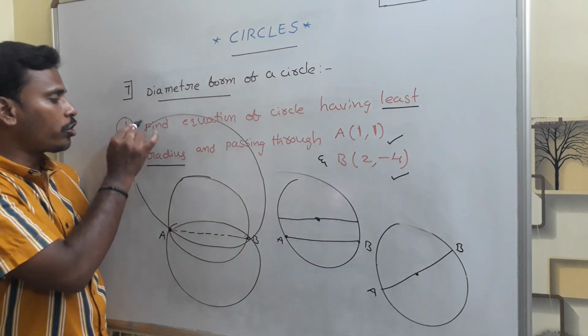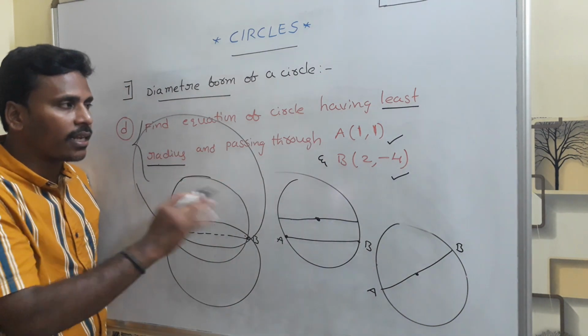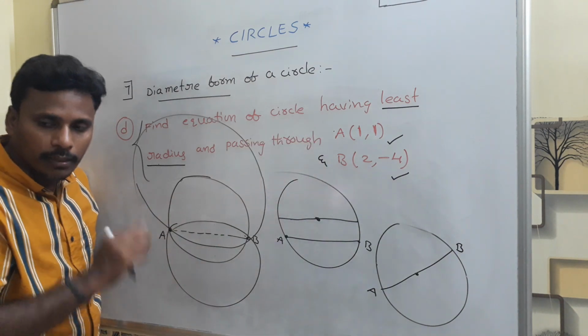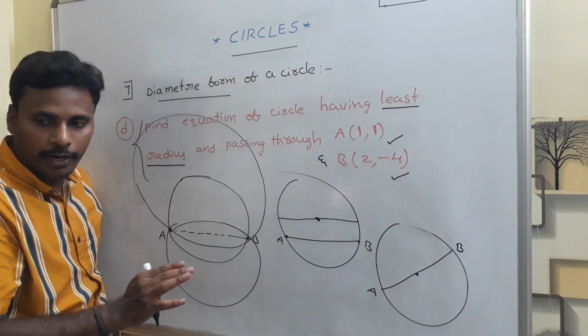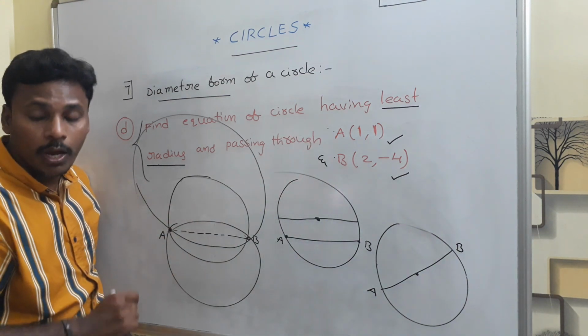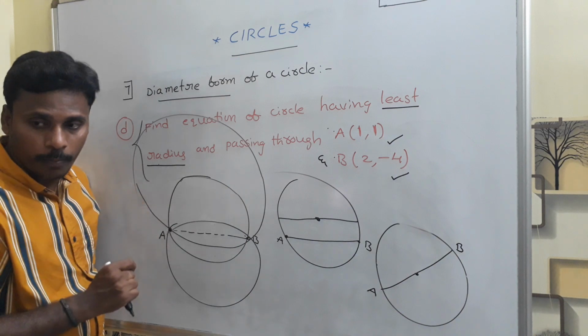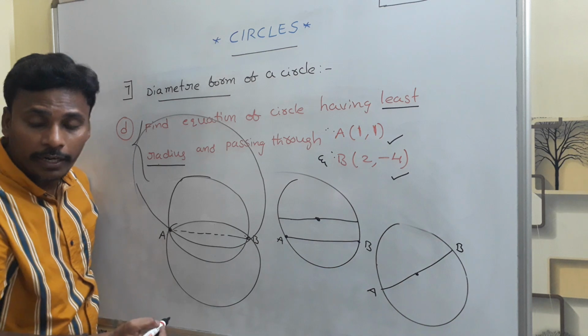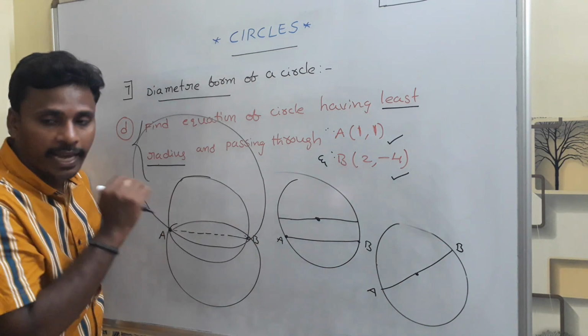Actually the question is about finding the circle having least radius passing through AB, but your answer is to just use the diameter form by taking A and B as endpoints of the diameter. Why do we need to use the diameter form? Why do we need to consider AB as endpoints of the diameter? For that, here I mentioned the explanation.